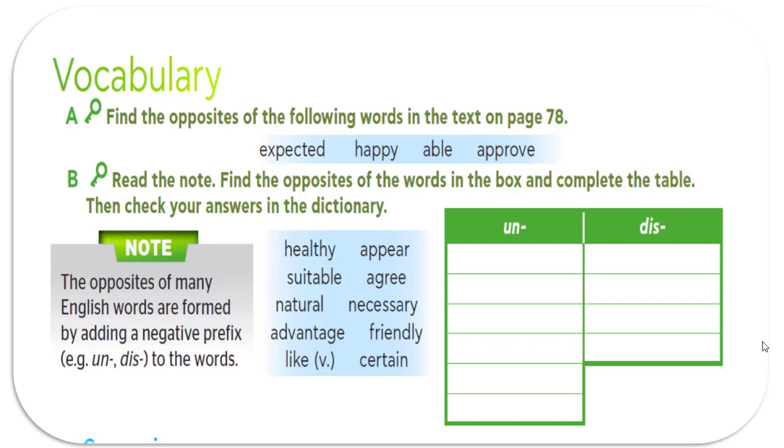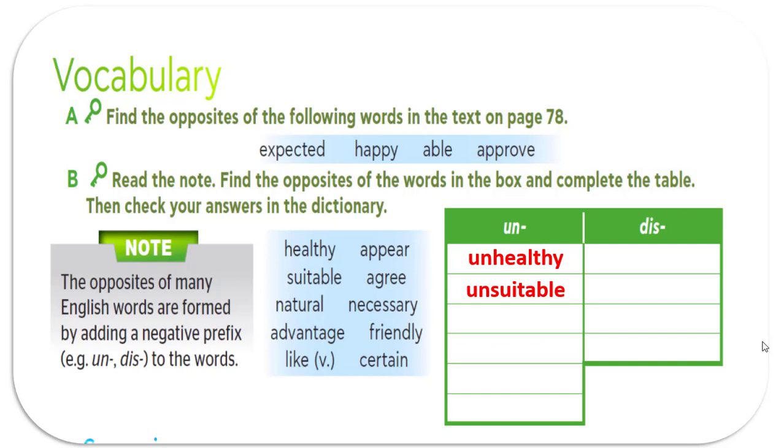Let's start with words that take "un". The first word is healthy. Healthy becomes unhealthy. Next we have suitable. Suitable becomes unsuitable. After that we have natural.